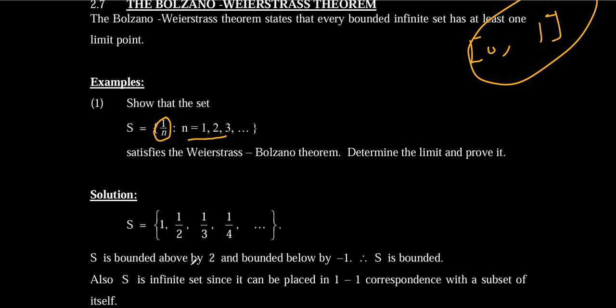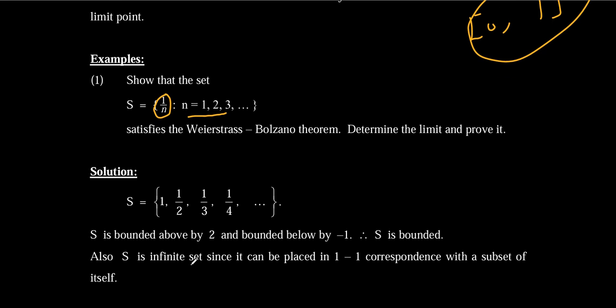Usually when they are justifying the boundaries, they give numbers which are far above the least upper bound and the greatest lower bound. Although 2 and -1 are not exactly the least upper bound and the greatest lower bound, we just want to show that the set is bounded. And you realize that this sequence will never exceed 2 or be smaller than -1.